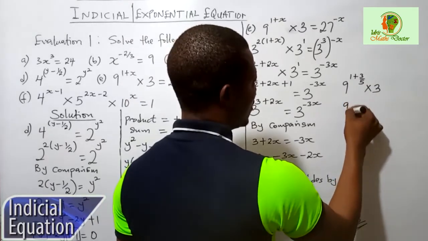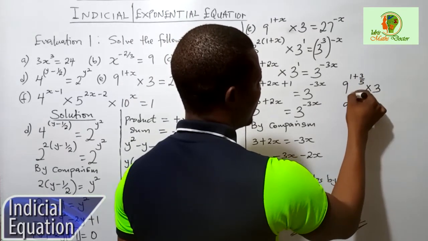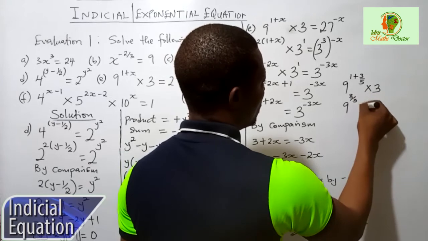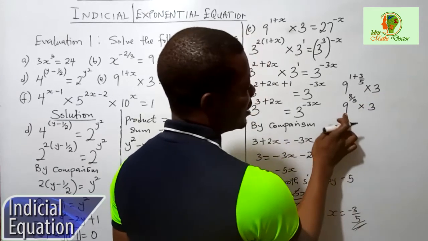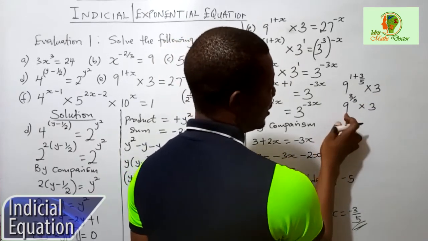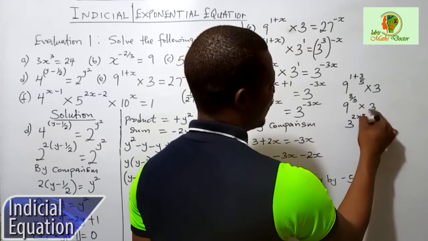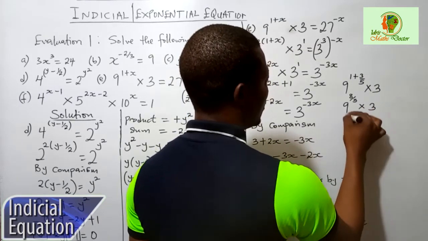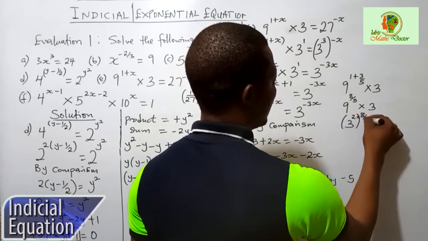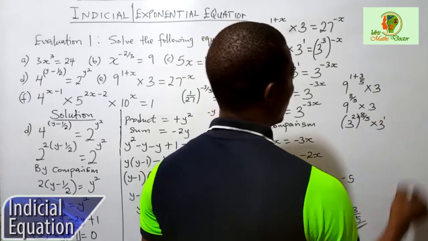So we're having 9 raised to power 8 over 5 multiplied by 3. Changing this to index form will give us 3 raised to power 2 times 8 over 5, multiplied by 3 raised to power 1.